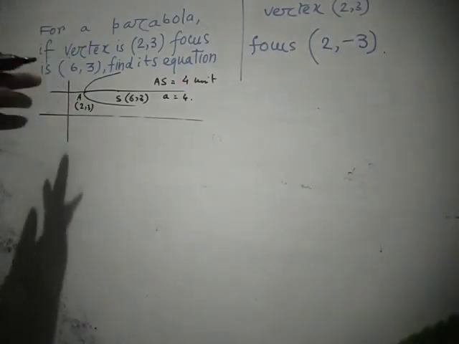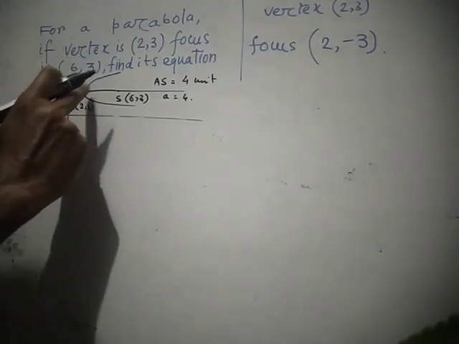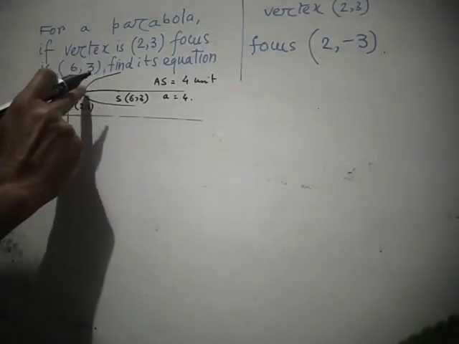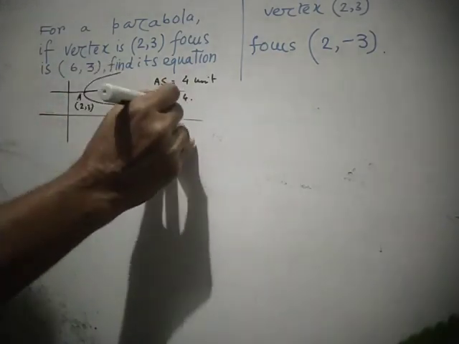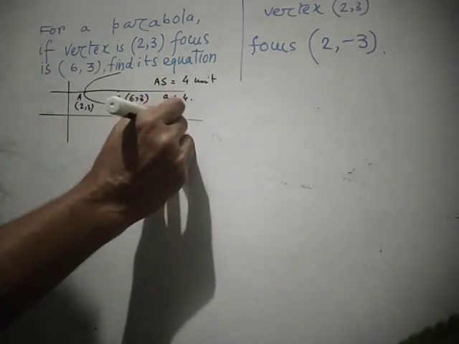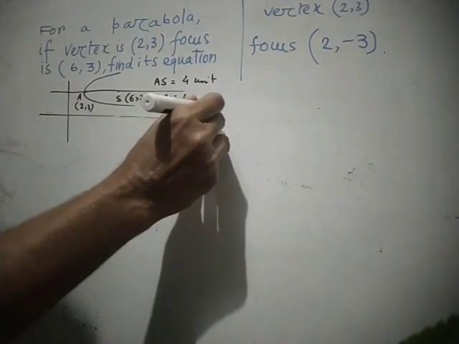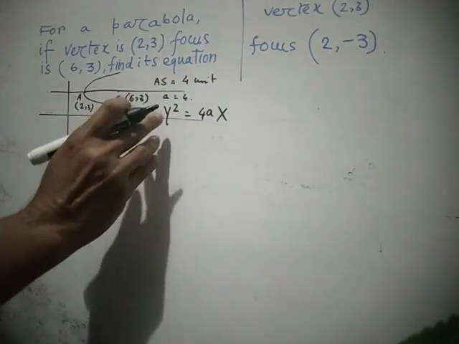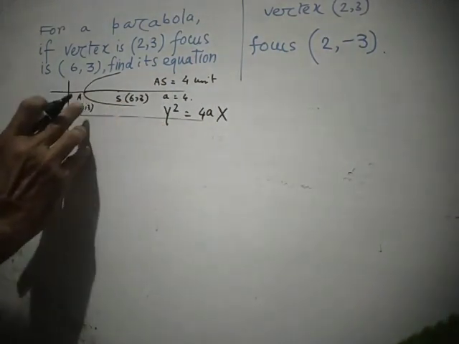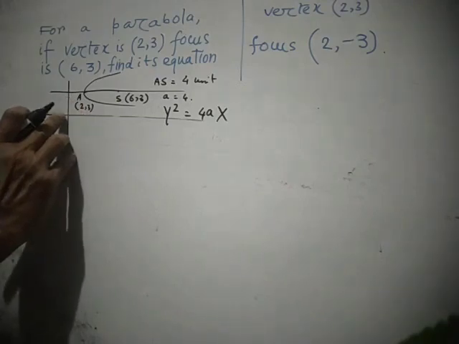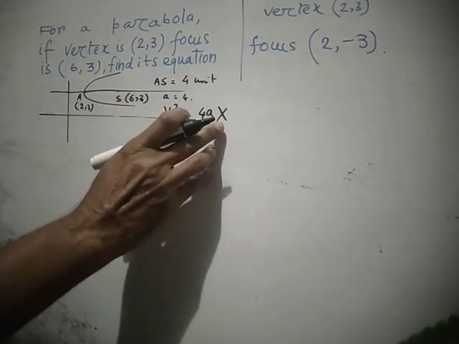Now as this parabola has its axis parallel to the x-axis, its equation will be of this type: y square equals 4ax. Only, as the vertex is not (0, 0), it will not be just y square and x.